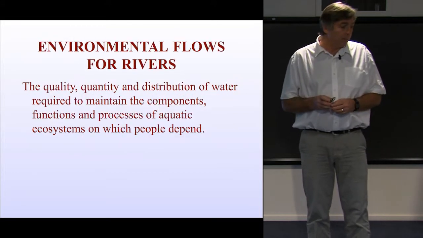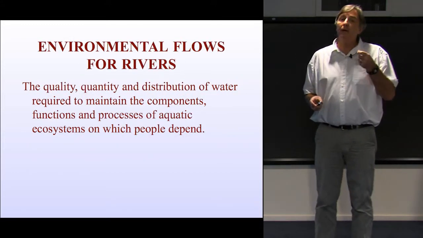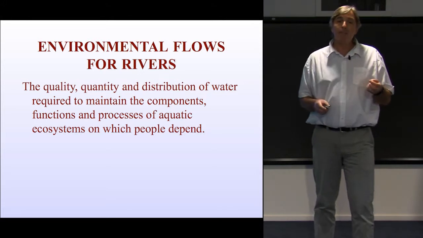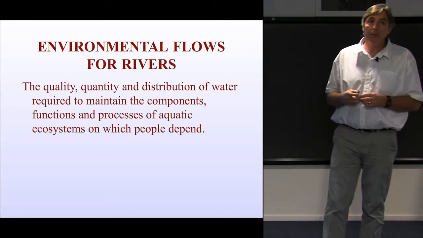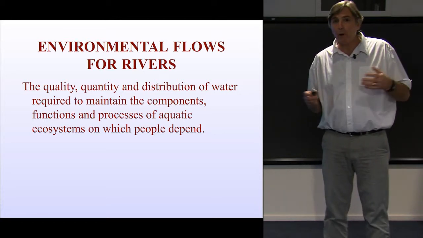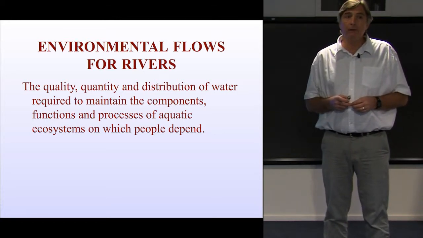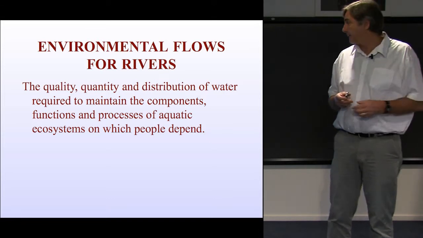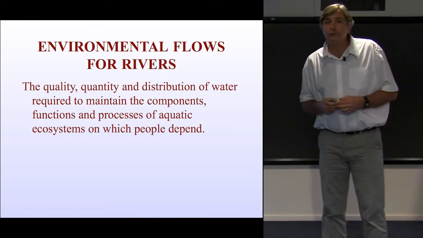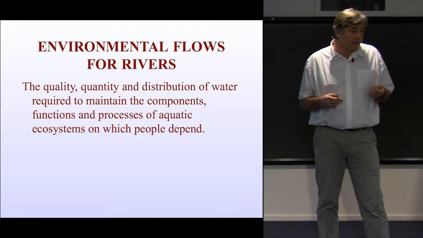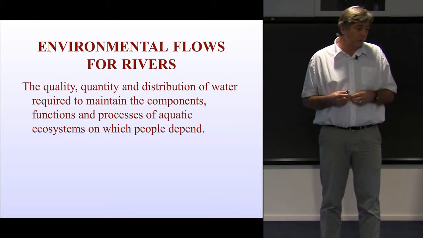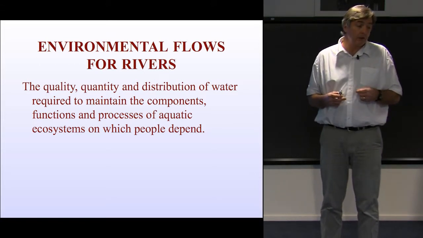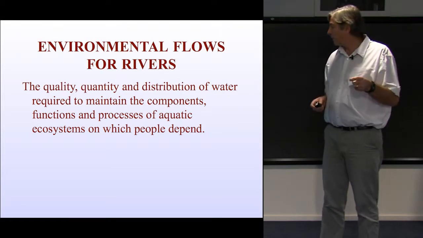Okay, so if we go on from there to talk about what are environmental flows for rivers, and then I'll talk a little bit about the way that these environmental flows can be assessed. How much flow do you need? What sort of variability? Okay, so environmental flows for rivers are about the quantity, quality and distribution of water required to maintain the components, functions and processes of aquatic ecosystems on which people depend.